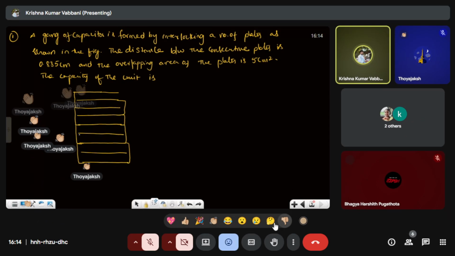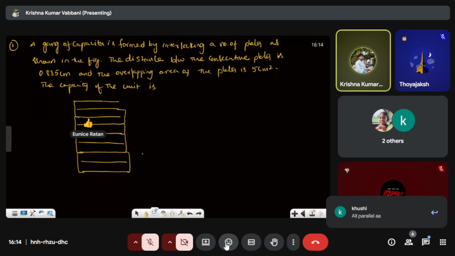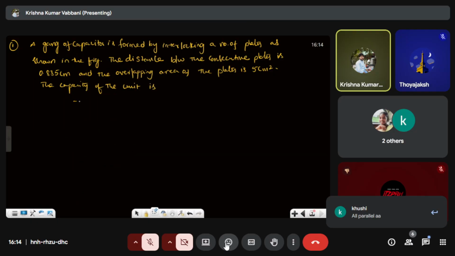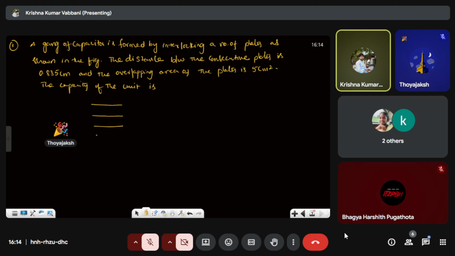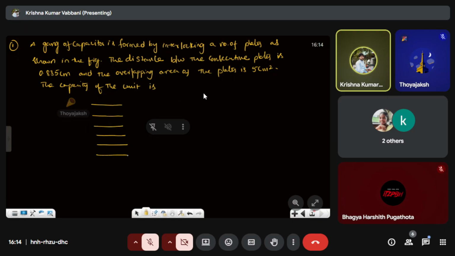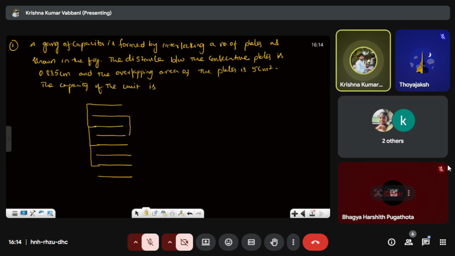Then 1, 2, 3, 4, 5, 6, 7, 8. This is connected to this, and this is connected to this. Yes, this is the board, and this plate is connected to B, and this side is connected to A. So this kind of question they have given.